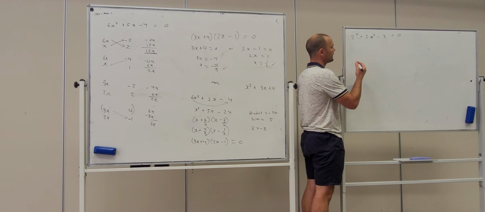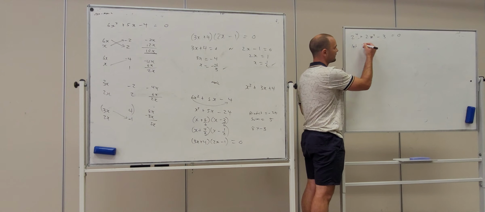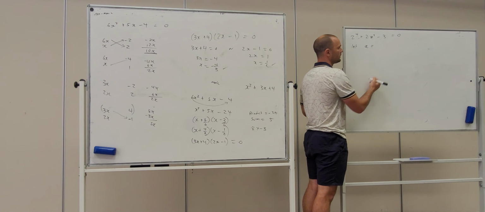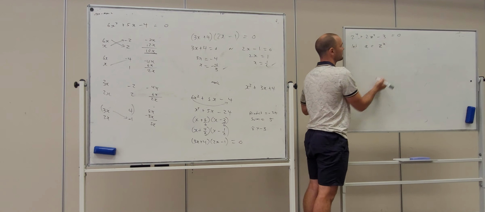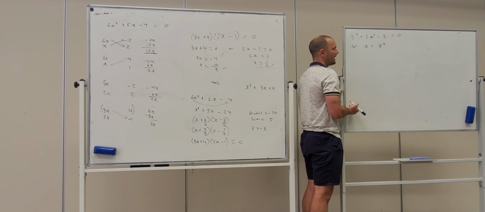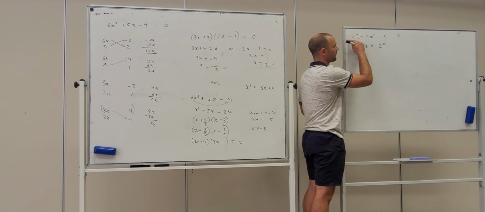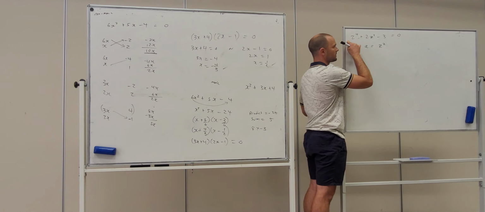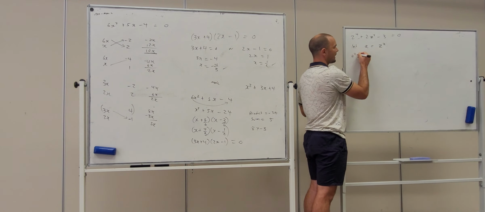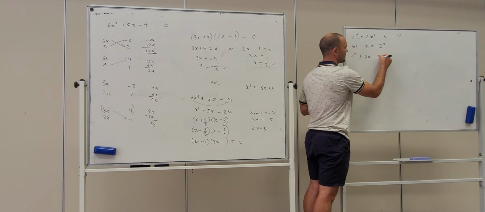One thing we could do here is let a equal z squared. Okay, a is z squared. So now z to the 4, that is z squared squared. So if I'm going to rewrite this expression in terms of a, we have a squared plus 2a take away 3.